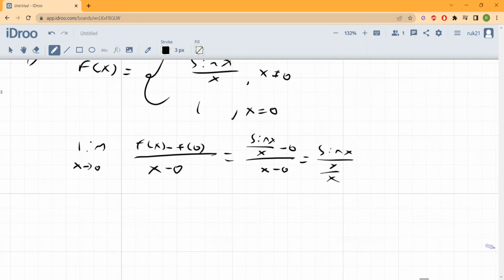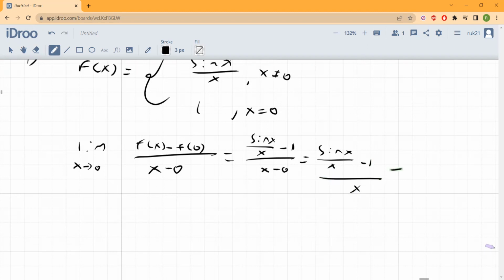So then that's just going to become, now, I made a mistake here, hopefully some of you spotted. F at 0 by our definition is going to be 1. That's why I was getting confused, because it didn't quite match up with what I did before. So it's going to be sine of x over x minus 1 over x.